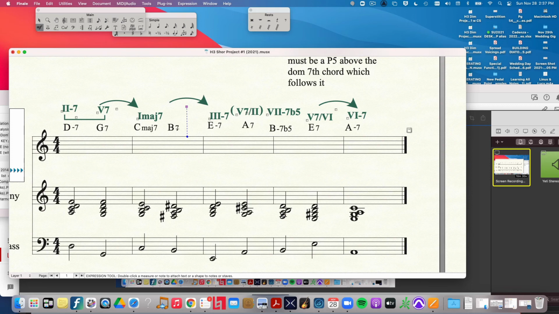What would its Roman numeral be? Would it be 7, 7, or something else? Hopefully you remembered it would be 5-7 of 3. That's the way we analyze secondary dominants. And is there anything deceptive about its resolution? No, it is not. It's going to 3 as expected.